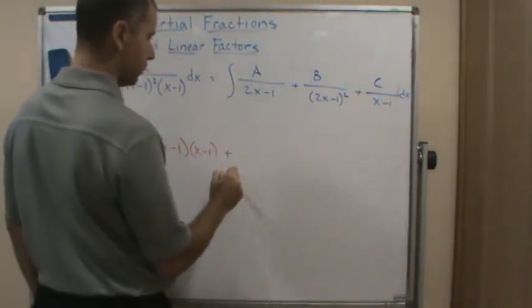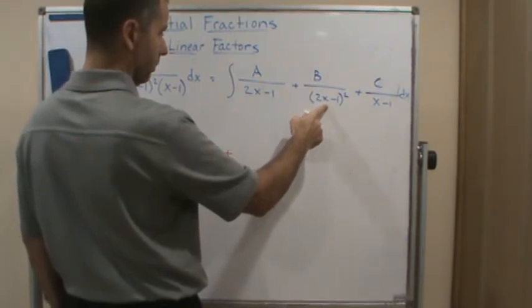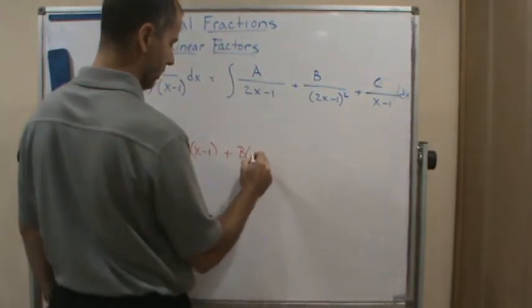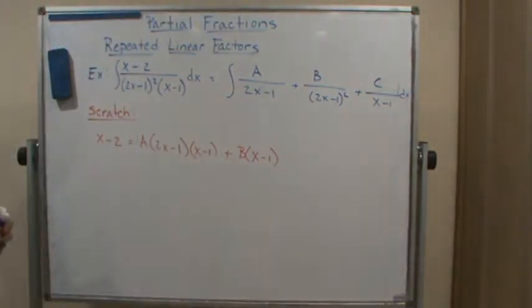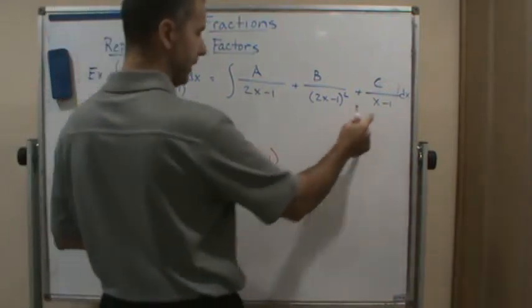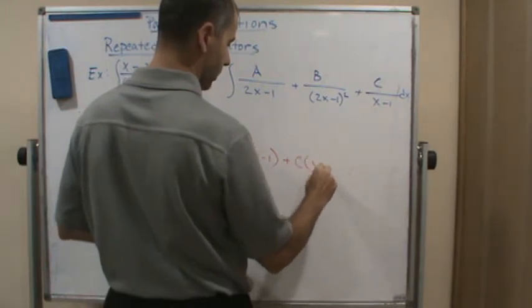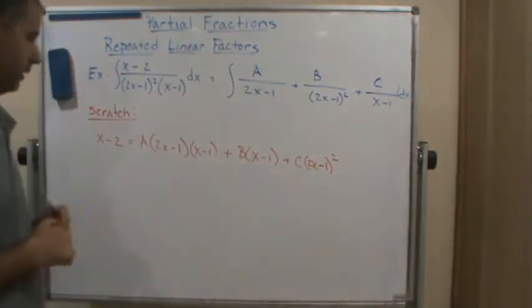And then the next one is b, which is just going to be b times x minus 1. And then c is just going to be c times 2x minus 1 squared.